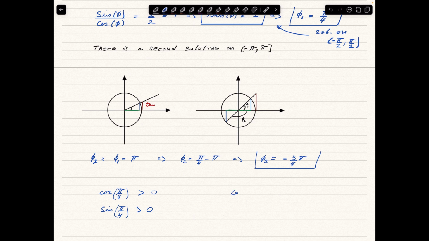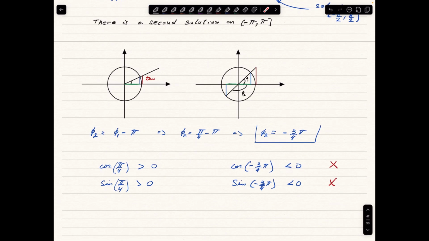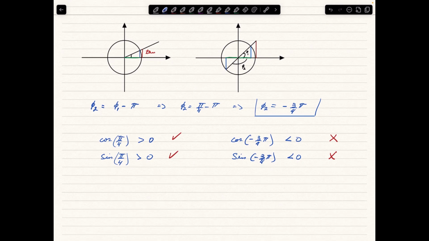So the cosine of negative 3/4 pi is negative, and the sine of negative 3/4 pi is also negative. Well, but this is wrong. We don't want this solution because recall we said we are looking for a solution with positive cosine and positive sine, and that means we are talking about this solution here. So this is the one that we are looking for. So the solution actually is phi 1, which is pi over 4, the first solution we found.